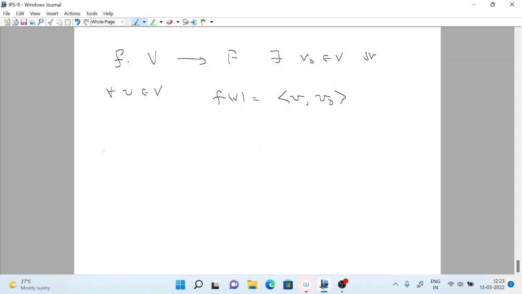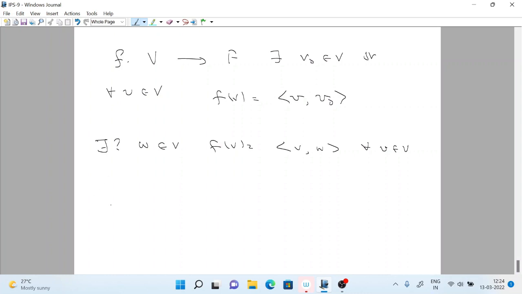Now I want to know whether it's unique. Does there exist, let us say, W in V so that f of V is also inner product of V with W for all V? If that be the case, you want to say W and V0 are the same. That's very easy to do.